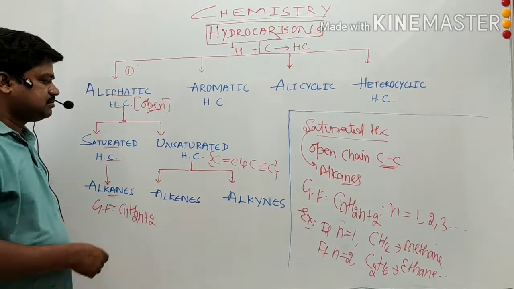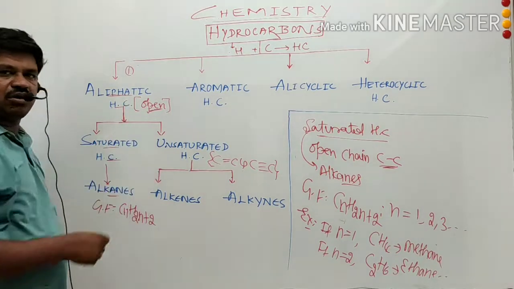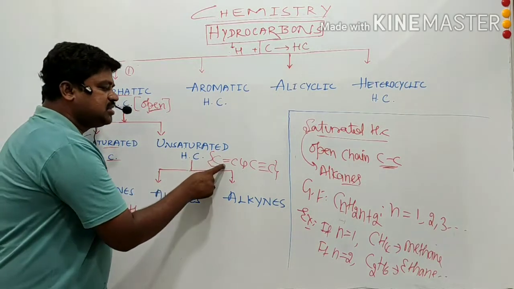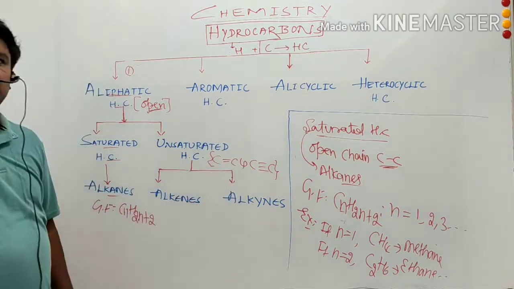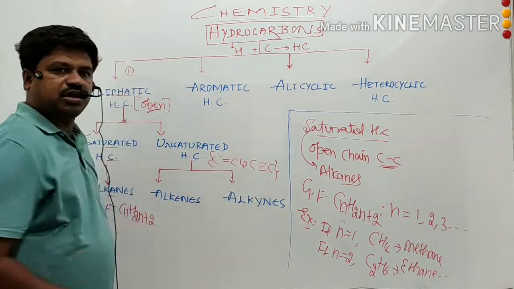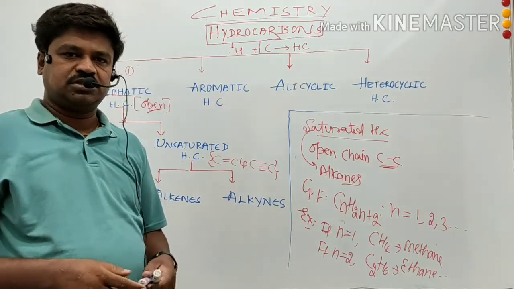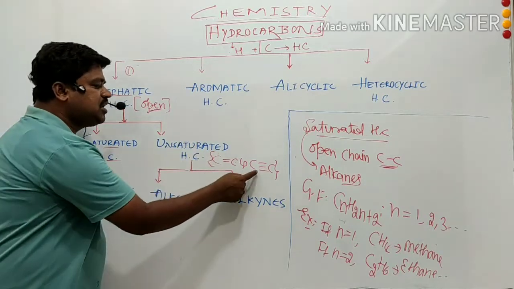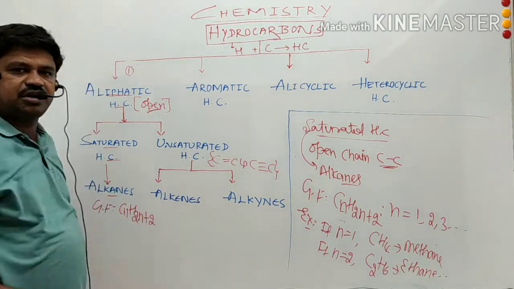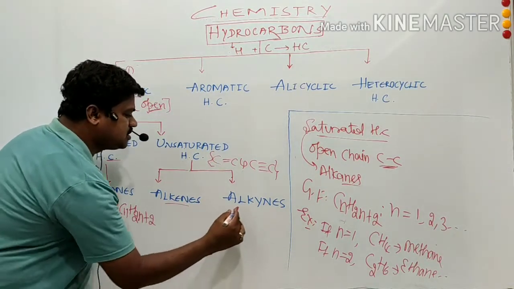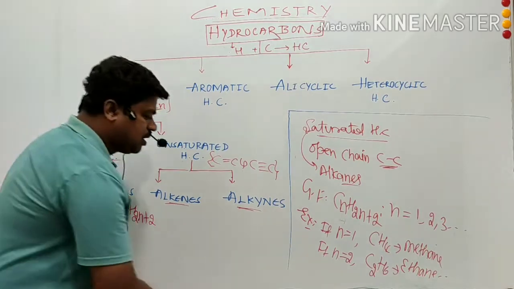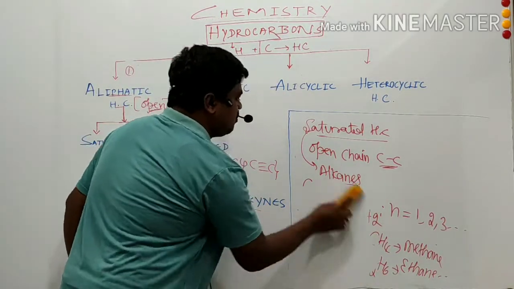These are aliphatic hydrocarbons which, in the open chain structure, contain either carbon-carbon double bonds or carbon-carbon triple bonds, together called multiple bonds. Based on the nature of linkage, we have two types of unsaturated hydrocarbons: alkenes and alkynes.